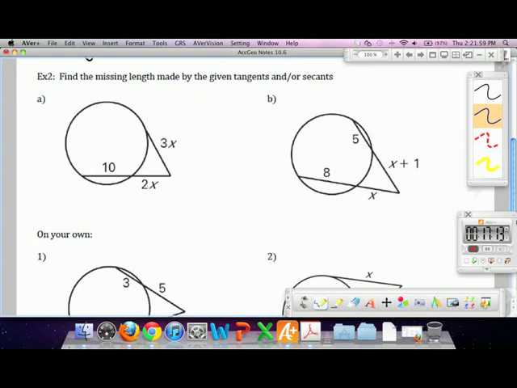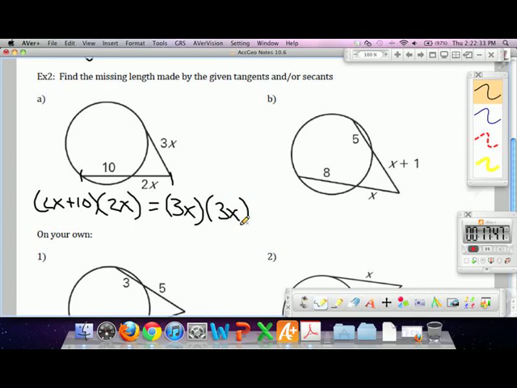Since they're intersecting on the outside, I know that the whole length times the outside piece, the exterior piece, better be equal to the whole length of one of these segments times the exterior piece. Well, if it's tangent, then they're both the same length.